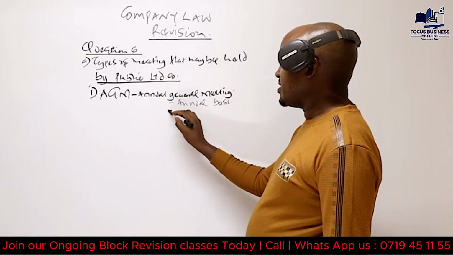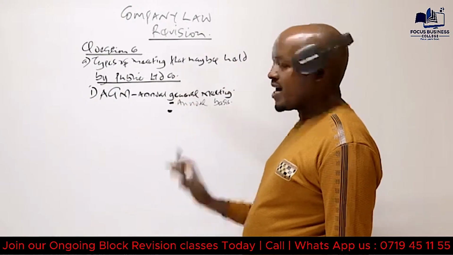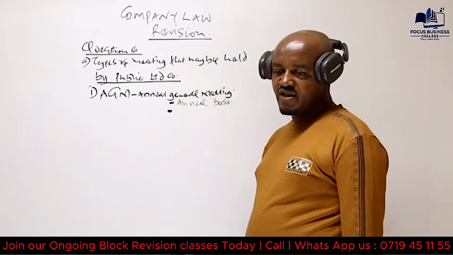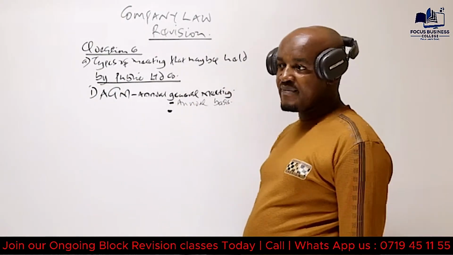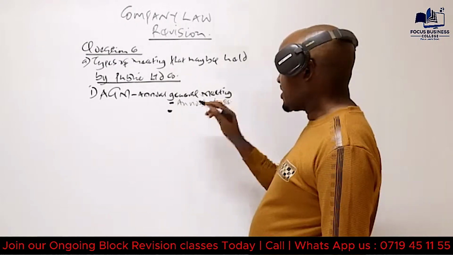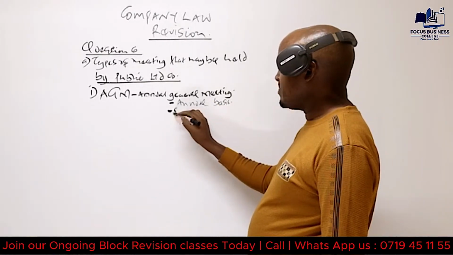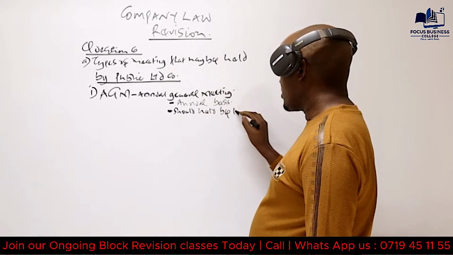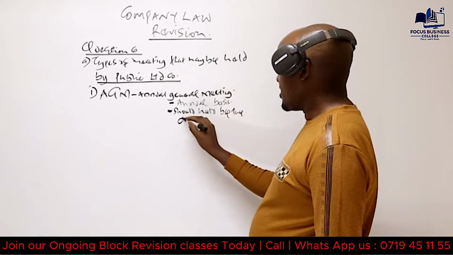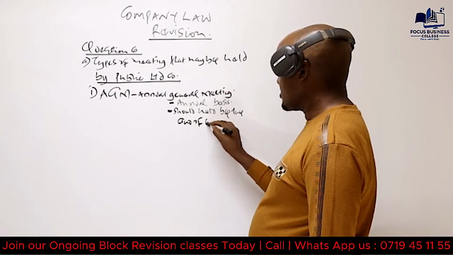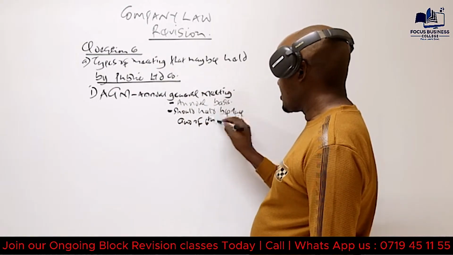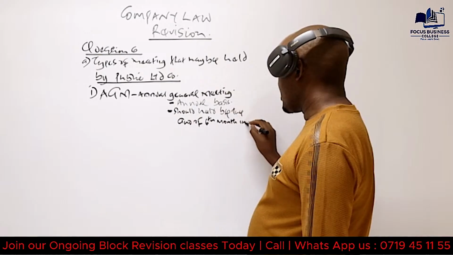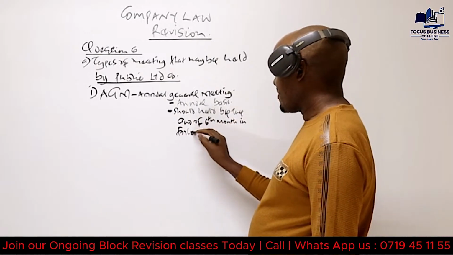And actually, we said that private companies are not under any obligation to hold these meetings for their members. Number 2, we say that these particular meetings should be held before the end of 6 months in the following financial year.